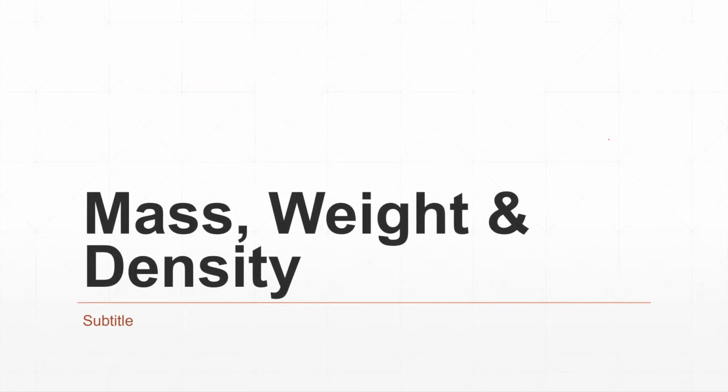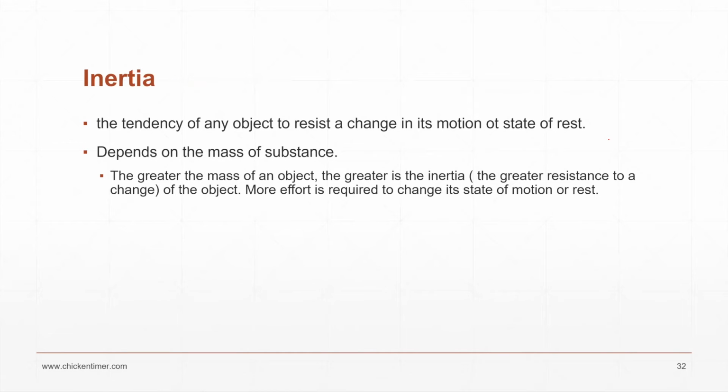Mass, weight, density. There's this thing called inertia. So it's like this. You have a person traveling maybe in a bus. So the bus is not moving. Then after that, when the bus starts to move, this person will jerk backwards. That is because the body has a resistance to the motion, so it will try to stay at its original position.